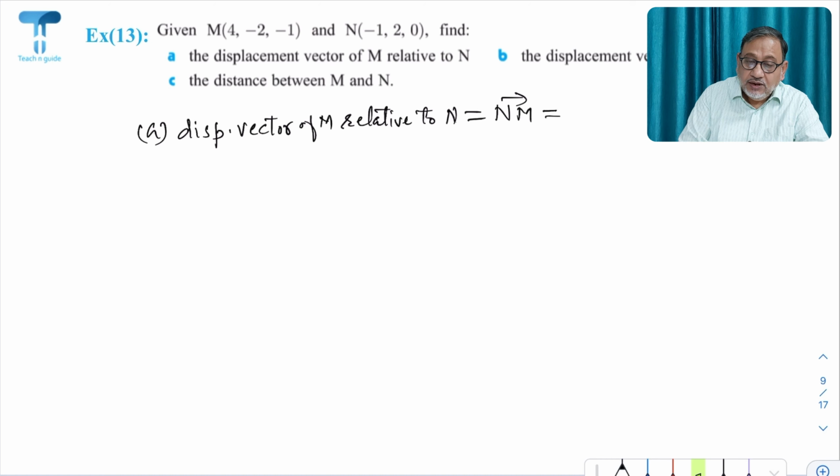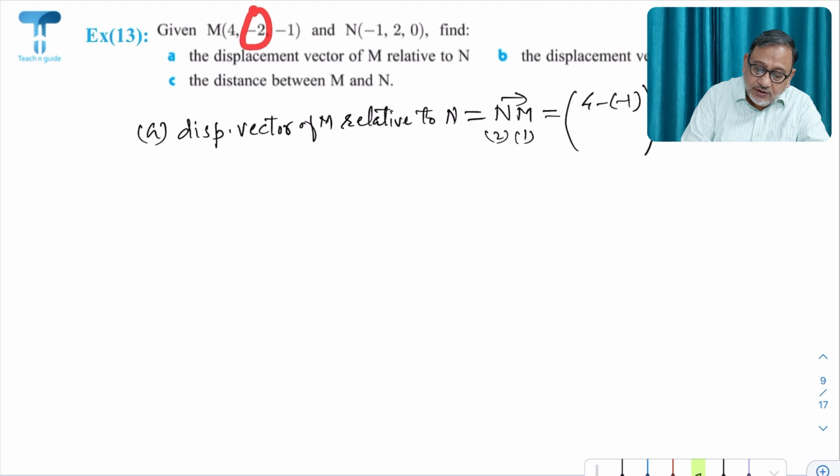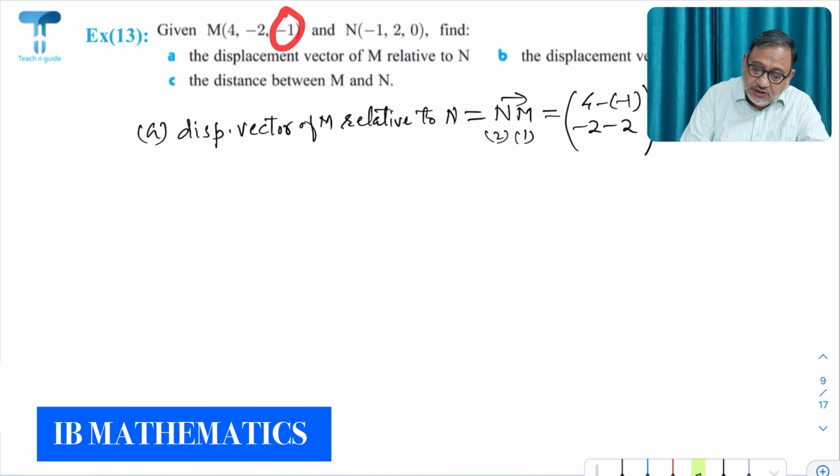Okay, and for vector NM, what we are going to write? The coordinates of M first, and then this is second. So when we write it in component form, the x component of M first minus x component of N. So 4 minus of minus 1, then y component minus y component, so minus 2 minus 2, and then z component, minus 1 minus 0.